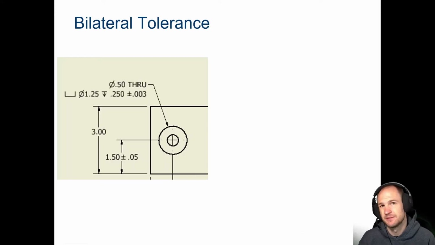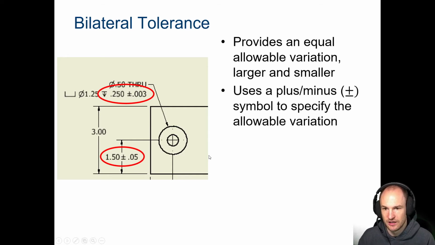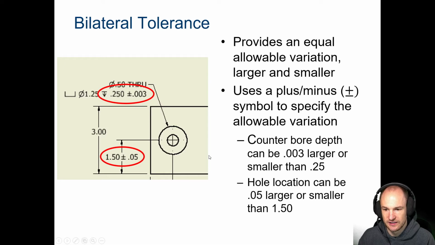Bilateral means you basically have to do the math to figure out what the limit dimension is. It gives you an acceptable variance here. So you have to figure out what the upper and lower limit is, and it's this dimension plus this and this dimension minus this that gives you your range of acceptable dimensions. So it didn't do the math.